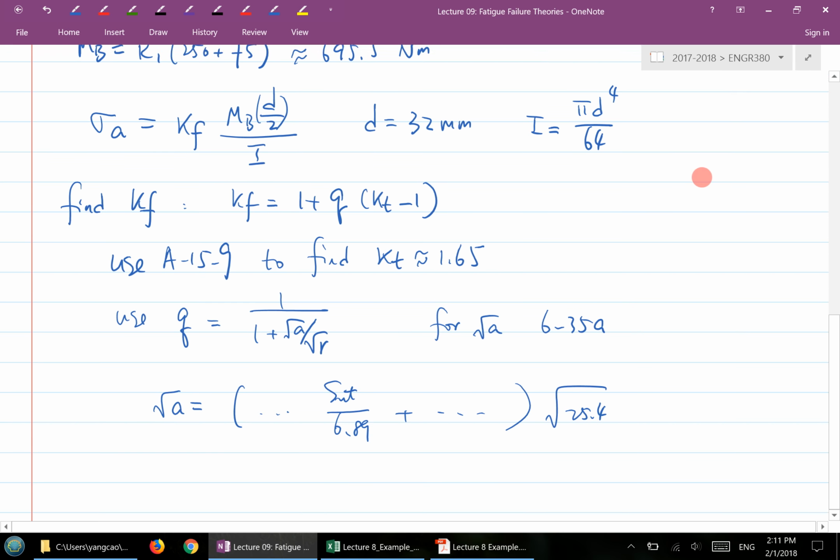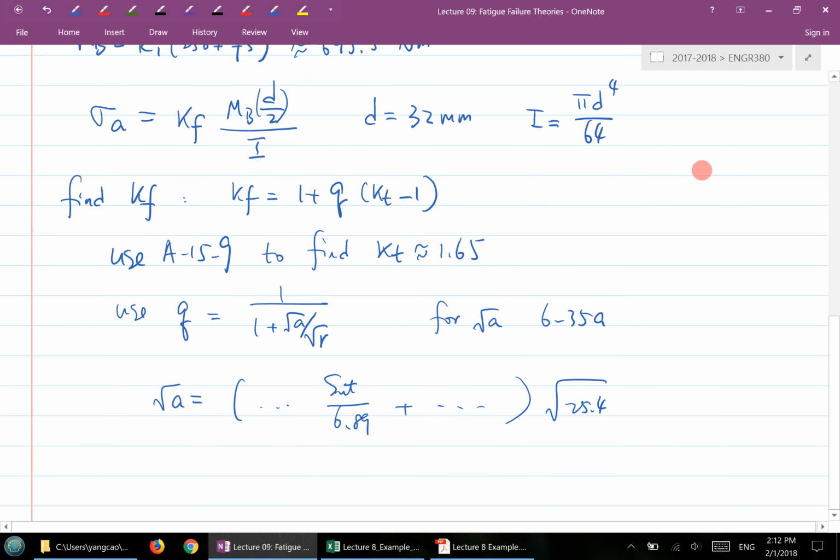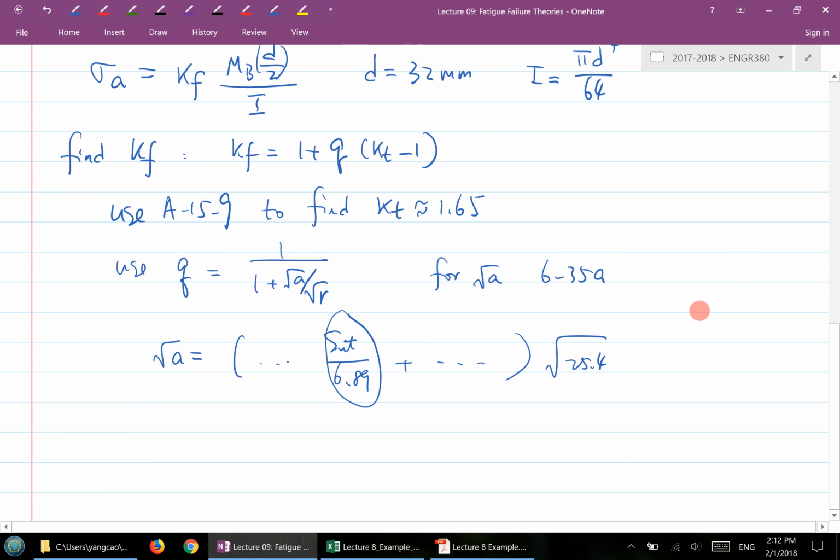The question here gives AISI 1050 cold-drawn material. So Sut is already converted.